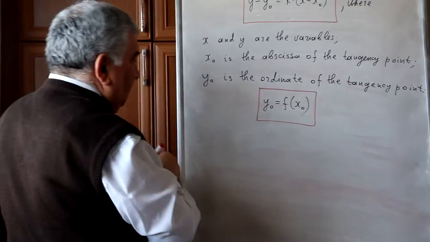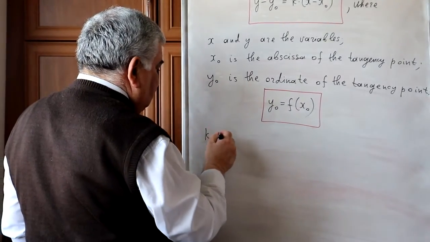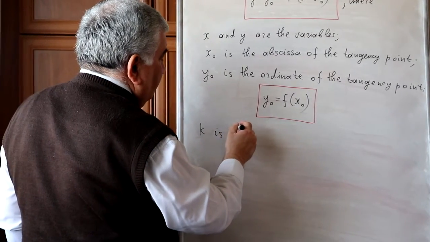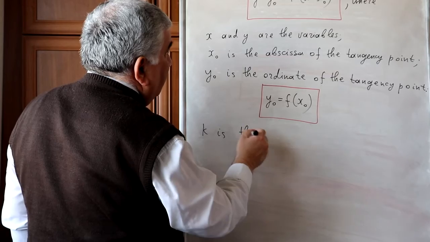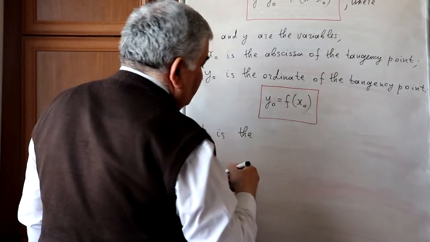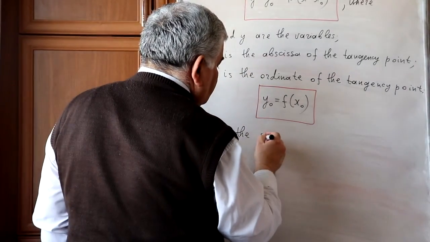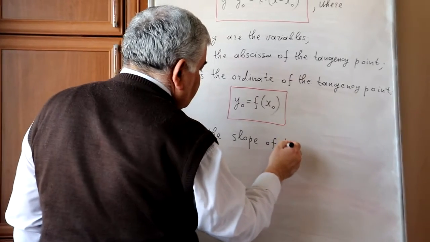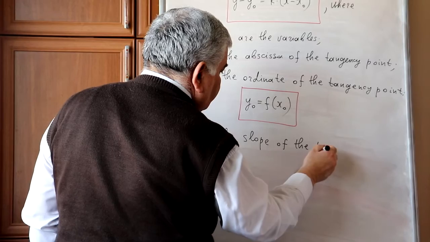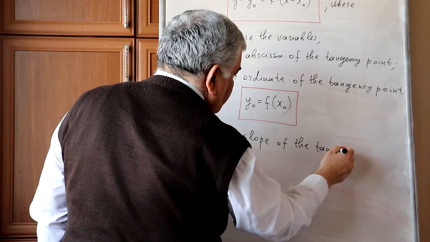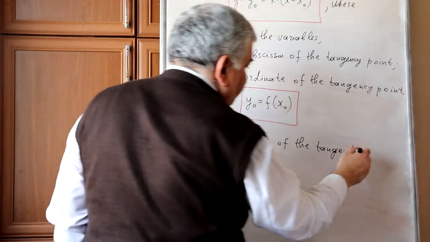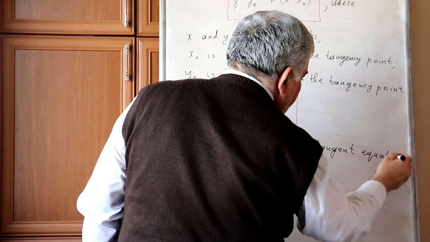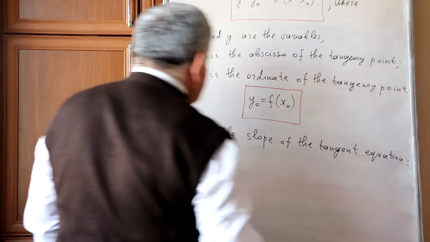And finally, k is the slope of the tangent equation, which is defined by the following formula.